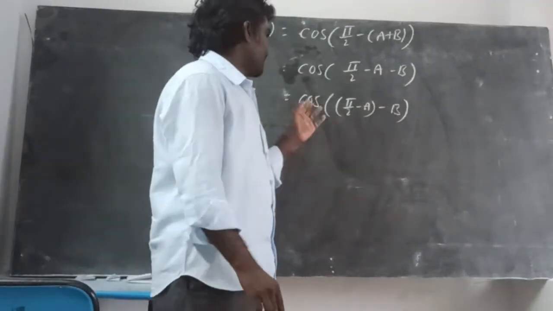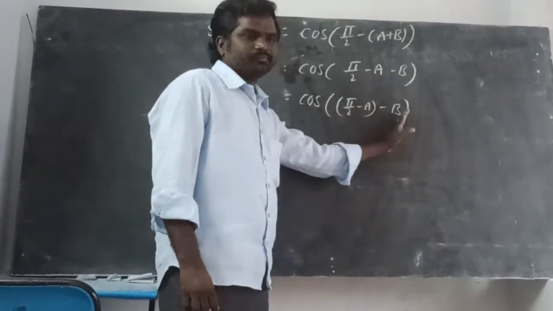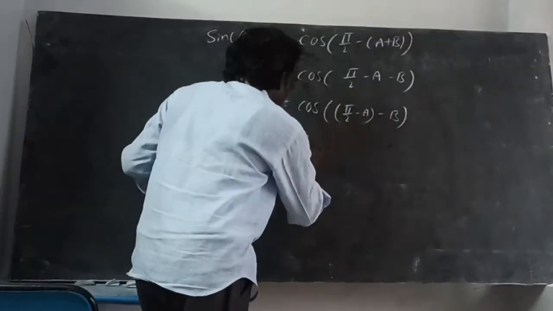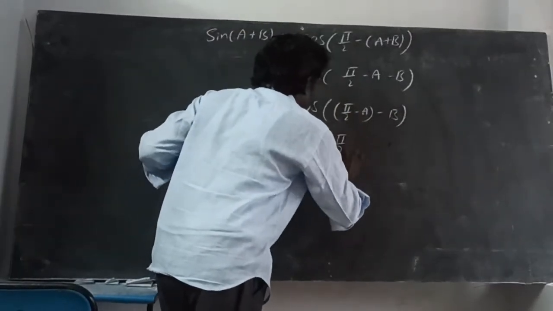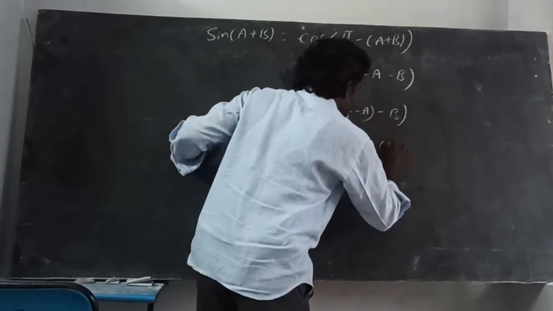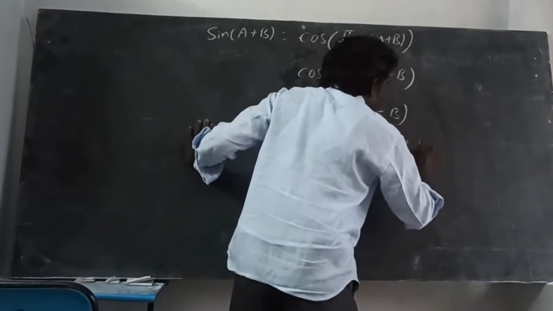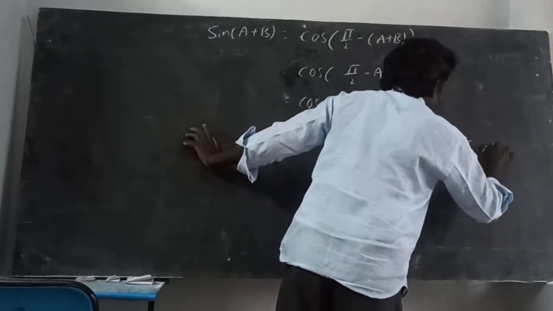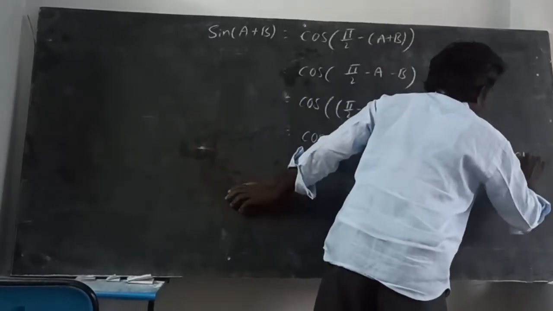Now we know that cos of a minus b is cos a cos b plus sin a sin b.